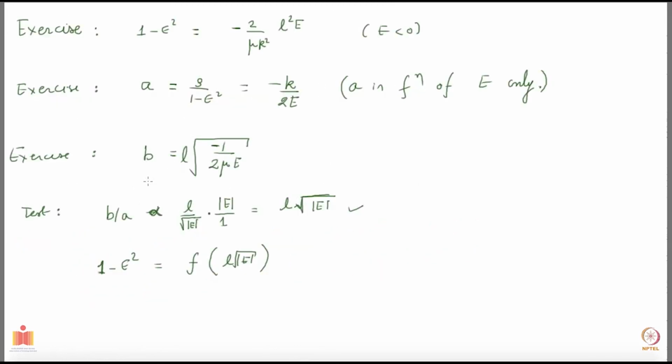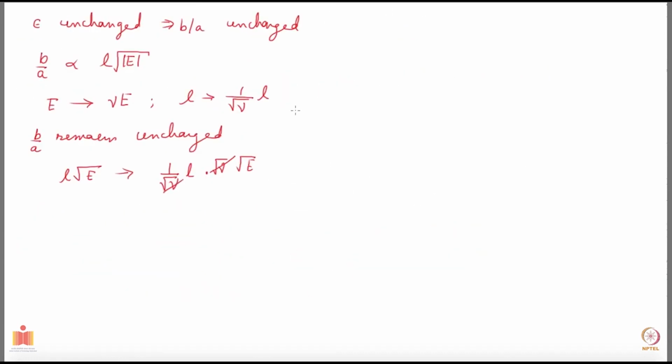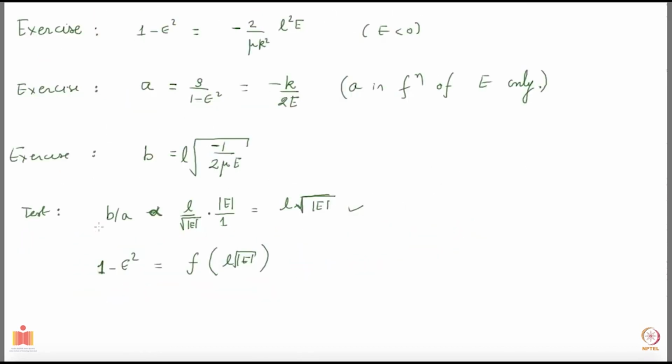And let's go back and see what is A. A goes as 1 over E, so my A is proportional to 1 over modulus of E. That's what we saw just now. To be sure, let's check once again.